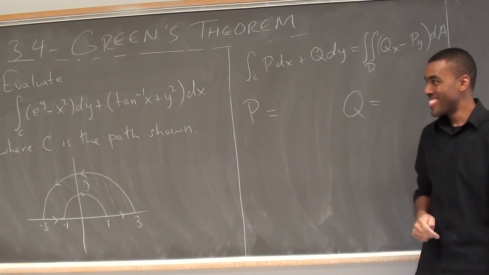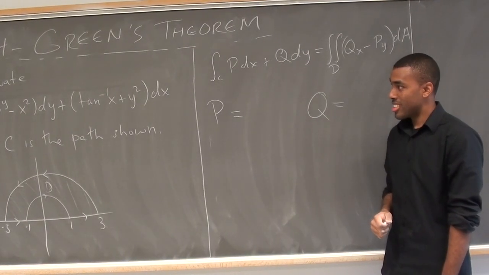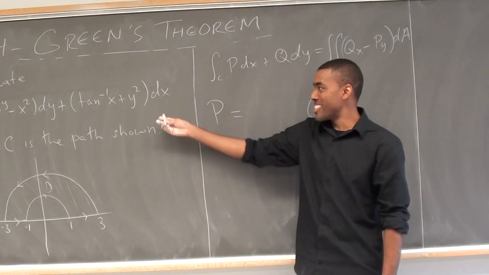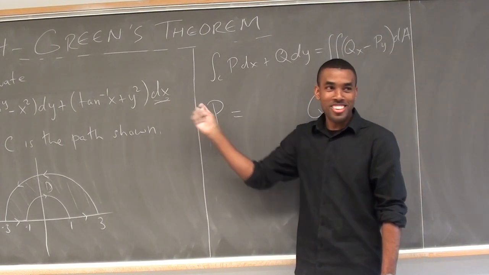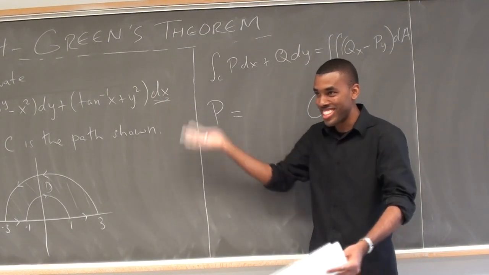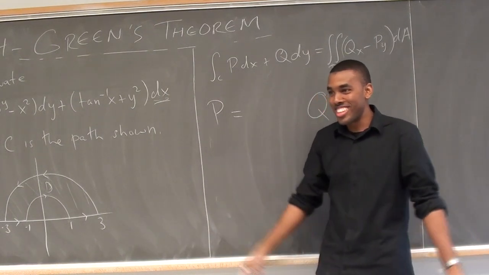Follow the dx, because it's with the dx, right? Don't let them switch positions on you and trick you, right? They do things like this because really there's nothing else for them to do.